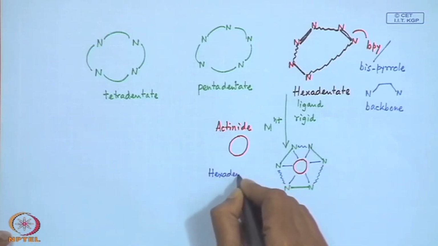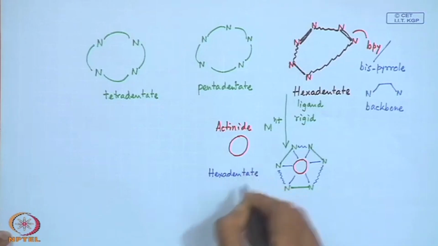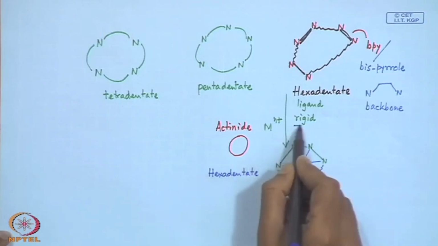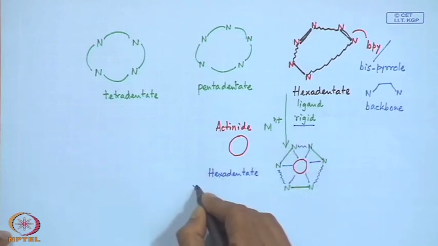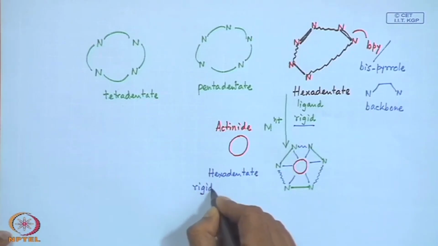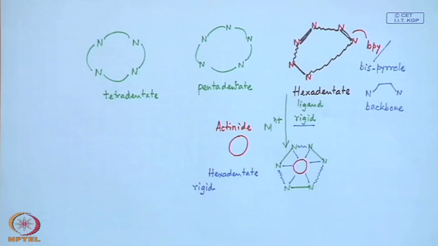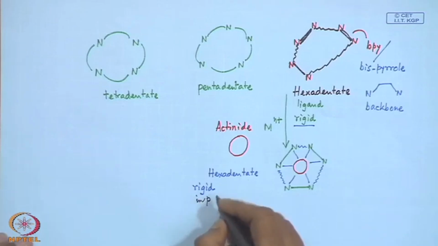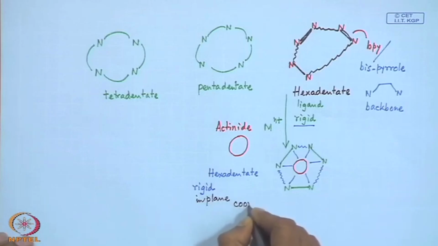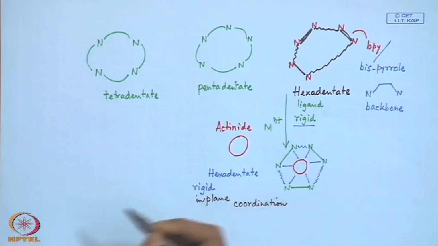So hexadentate, the structure is rigid also, and all the coordinations are taking place in a particular plane. So hexadentate rigid in-plane coordination is possible.